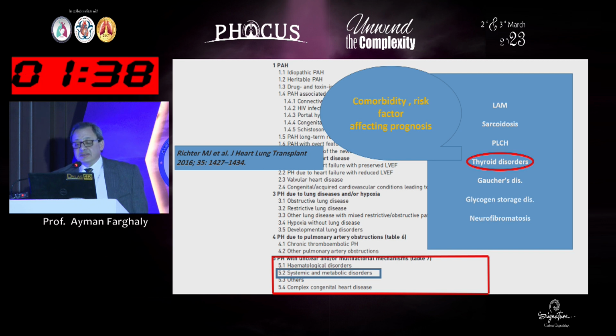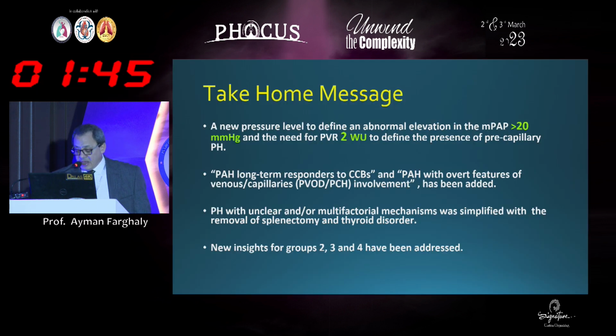In thyroid disease, pulmonary hypertension is a comorbidity and risk factor affecting the prognosis. Of course, pulmonary hypertension carries a bad prognosis for most of the accompanying diseases that come with it. So these are my take-home messages. A new pressure level has been lowered for pulmonary hypertension, more than 20 millimeters of mercury, and we need a PVR of more than 2 Wood units.